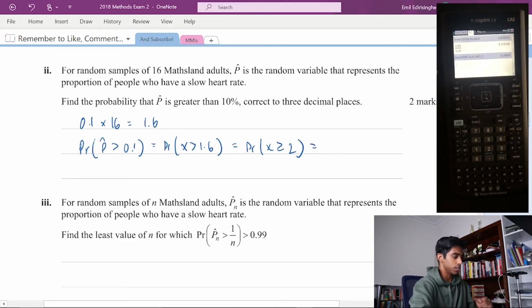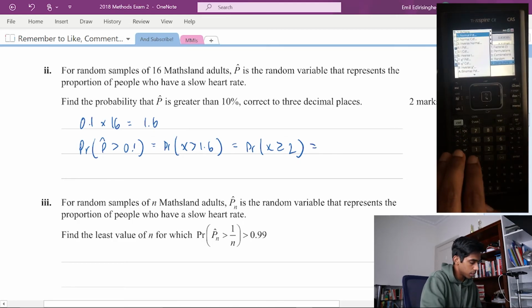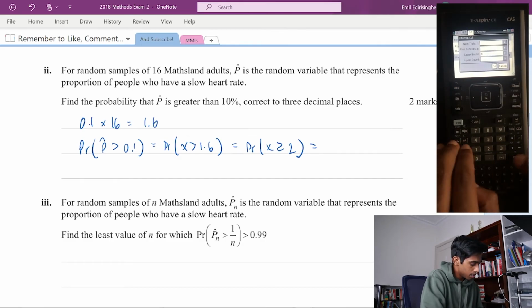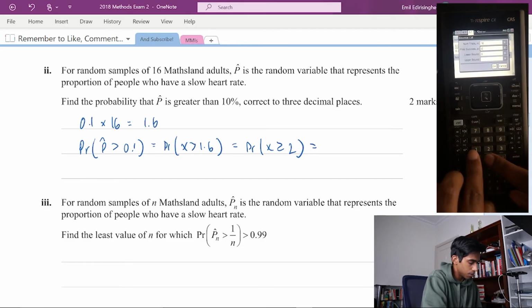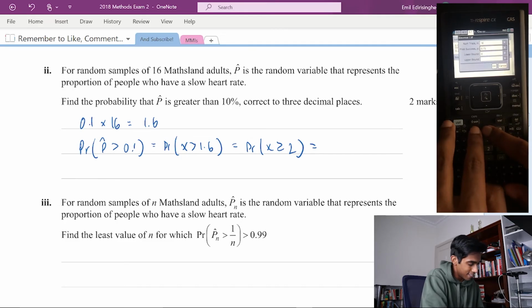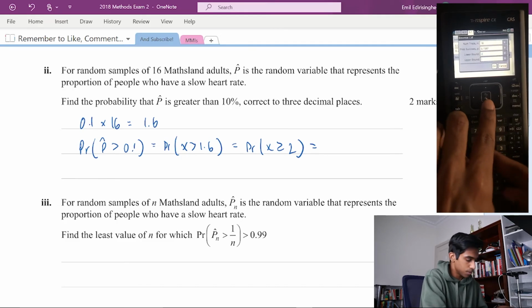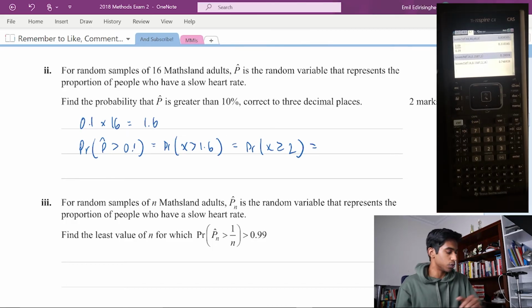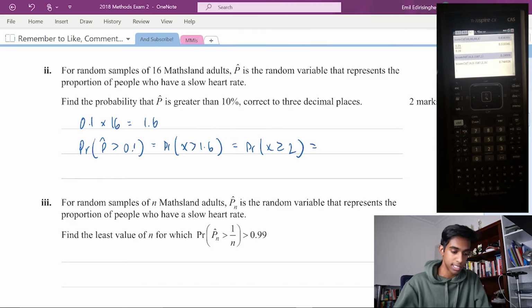And this we can put into our CAS again. We've got binomial CDF, 16 trials, probability of success 0.1587, lower bound is 2, upper bound is 16. Then we get 0.747 to 3 decimal places.